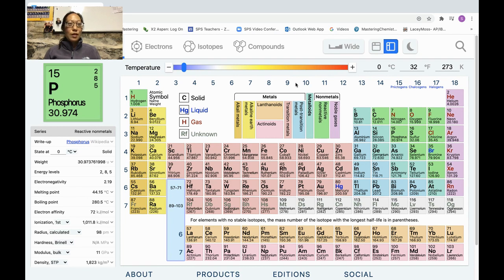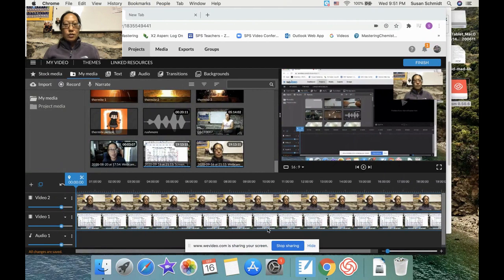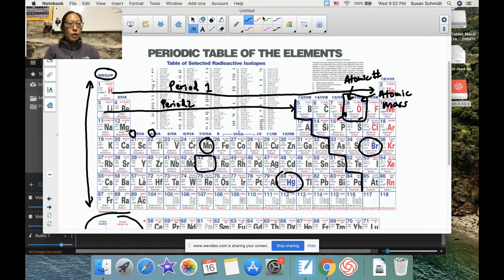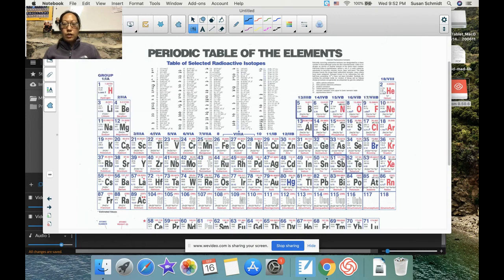So I'm gonna go back to my other periodic table now, the one that hopefully one of these days you'll have in your hand. So going back here, let me get rid of all this stuff. The last thing I want to talk about is the fact that some of these elements are not single atom elements.